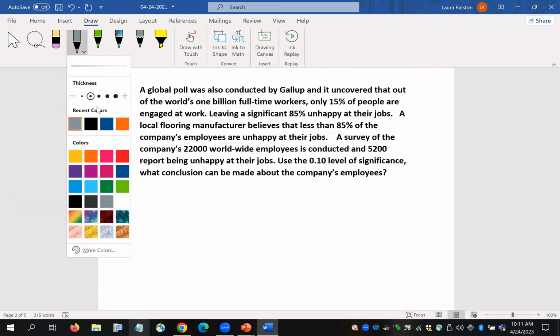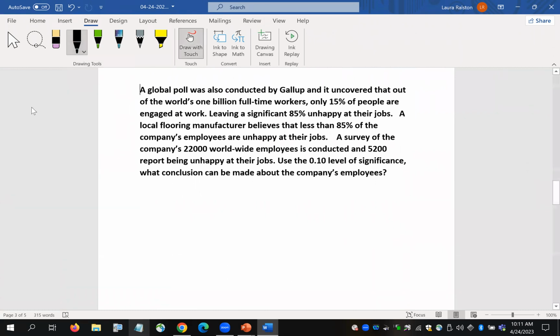It says, a global poll was also conducted by Gallup, and it uncovered that out of the world's 1 billion full-time workers, only 15% of people are engaged at work, leaving a significant 85% unhappy at their jobs.